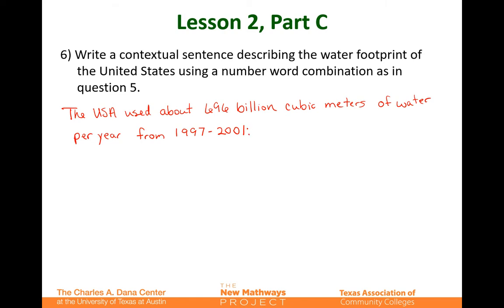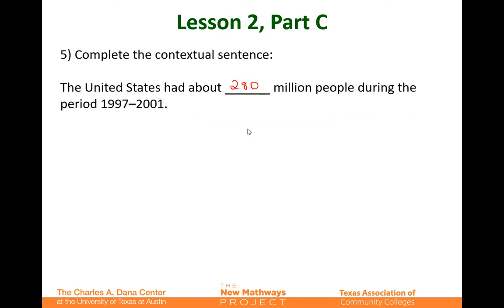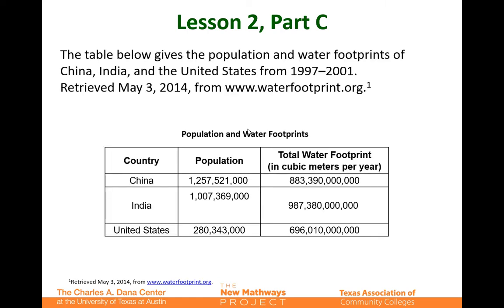Let me go back and make sure I got the right year, but which years we're talking about is important. Yes, from 1997 to 2001, the U.S. used about 696 billion cubic meters per year.